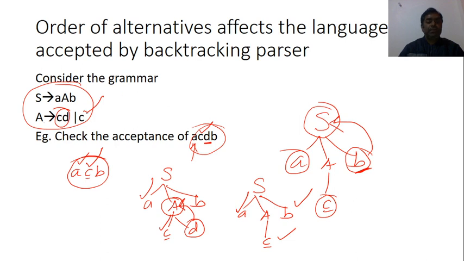Now when I am backtracking to the parents, that means we have to maintain some information regarding the parents also. For example, in this case, who is the parent of A? That is S. There should be some information that should be maintained in the program, because I have to backtrack here. That's why it is known as a backtracking parser.